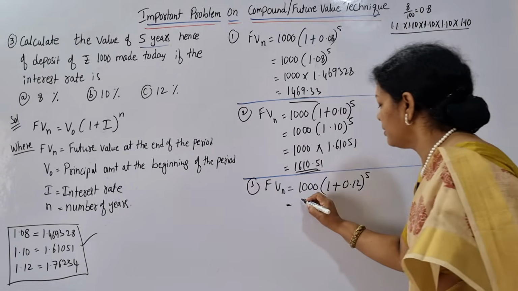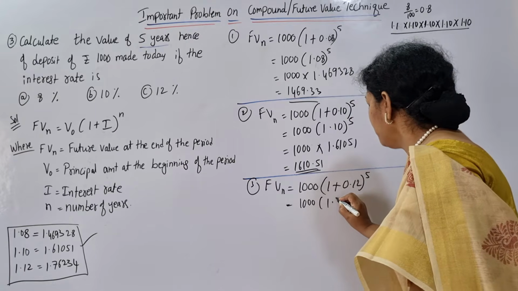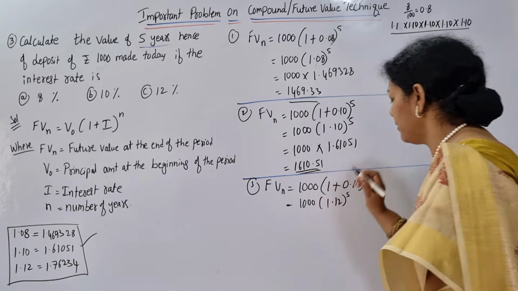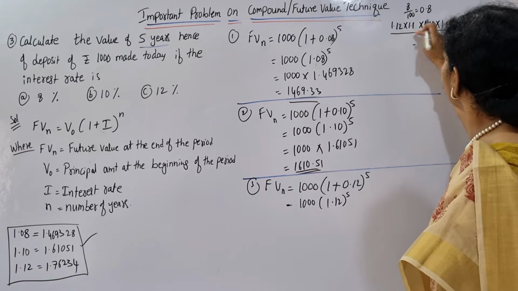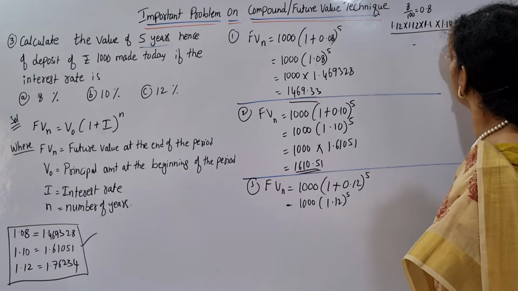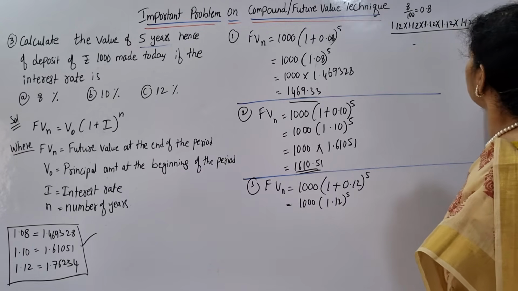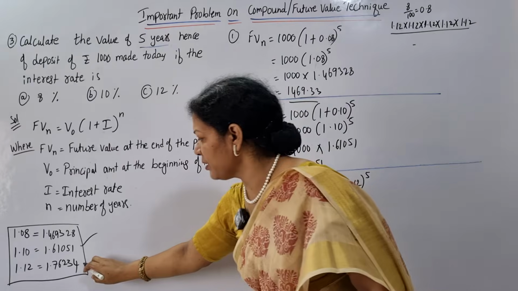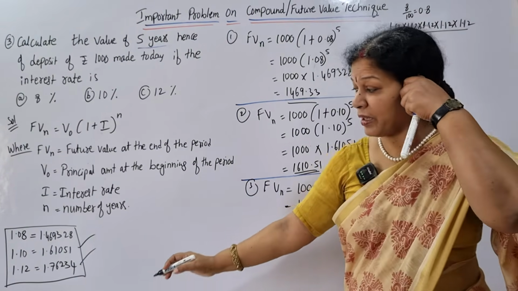So this is 1000 into 1.12 to the power of 5. If you calculate it, you are going to get this amount. Why to press the calculator? I have written already by calculating.